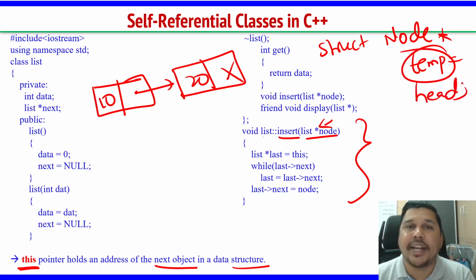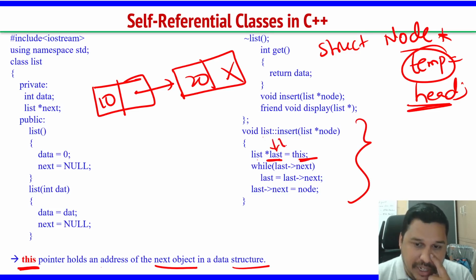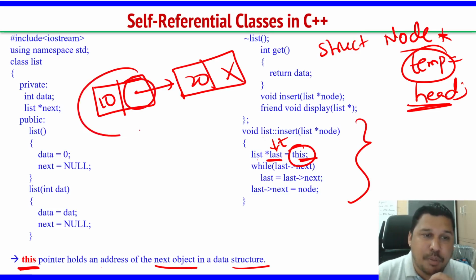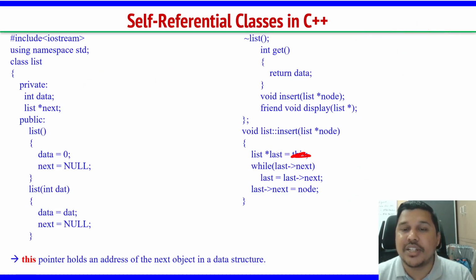Means I am creating a temporary pointer and assigning the head to it. That way I am writing list star last equal to this. This is a temporary pointer, temp. Which address is assigned to this? This block's address is given here.